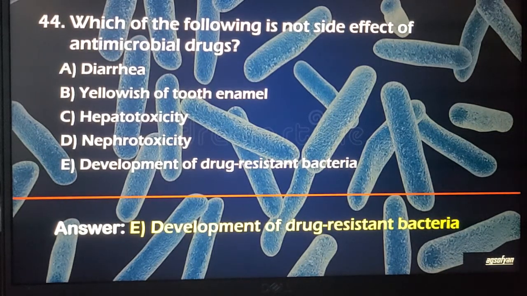Nephrotoxicity, so the drugs may be toxic to our kidney. The one that is not is development of drug-resistant bacteria, because this is not in our body. This is on the bacteria itself. So it is not considered as side effects.